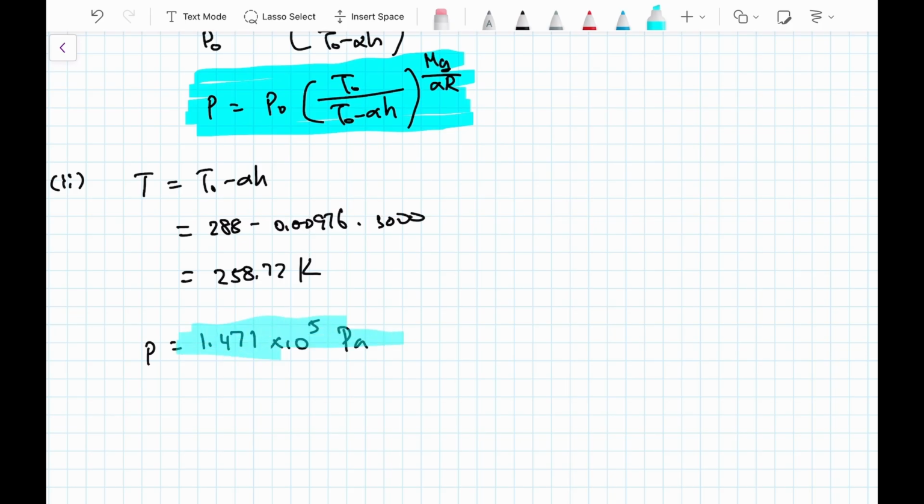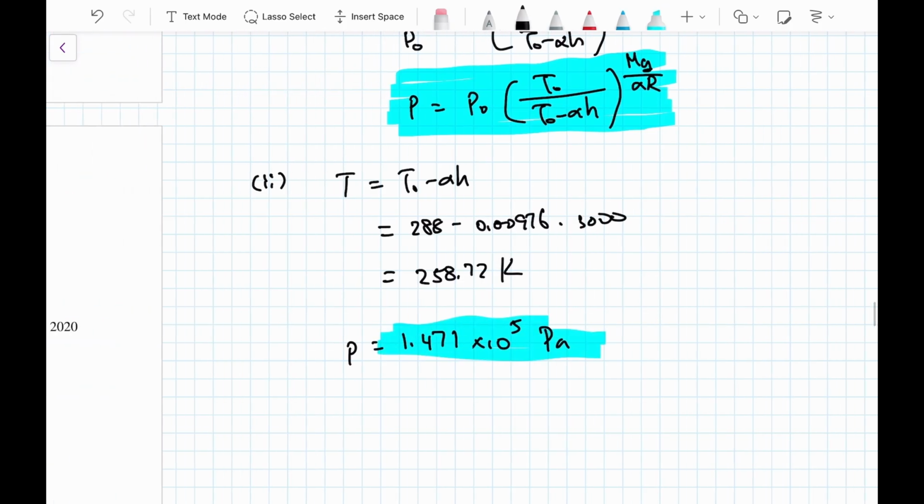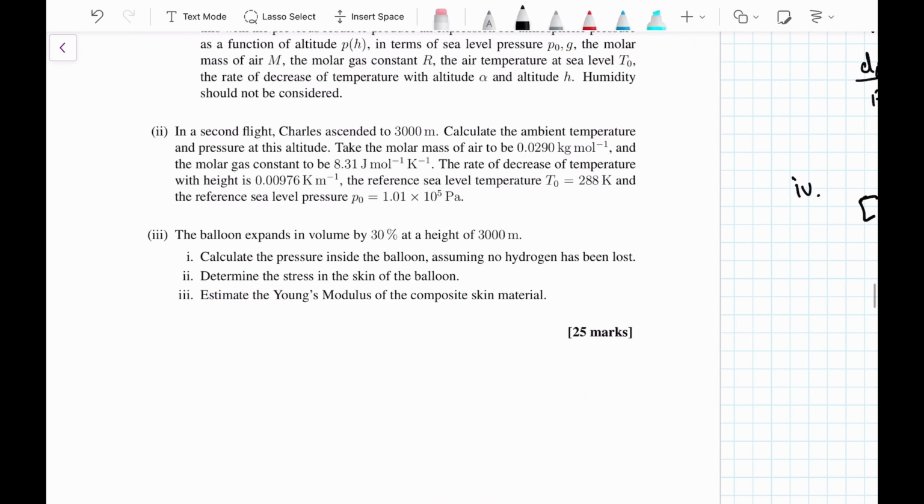So let's move on to the third part. The third part says the balloon expands in volume by 30% at a height of 3,000 meters. Calculate the pressure inside the balloon assuming no hydrogen has been lost. Determine the stress in the skin of the balloon. Estimate the Young's modulus of the composite skin material.